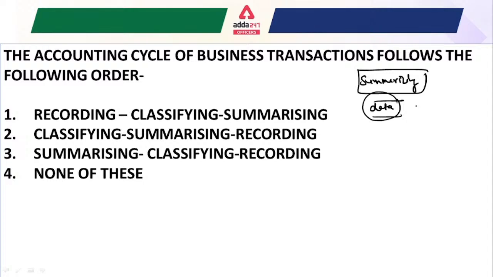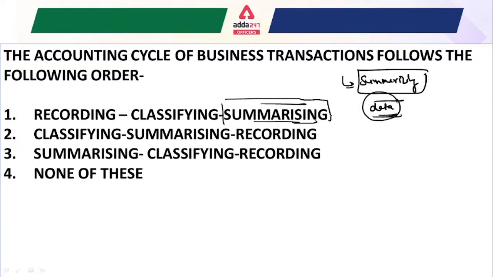It may be monthly, it may be quarterly, it may be yearly. The data must be presented in a manner which is easy to understand, and used by the external and internal users of the accounting statement. So that is the phase of summarizing, which is basically a phase for summarizing the data after each accounting period.